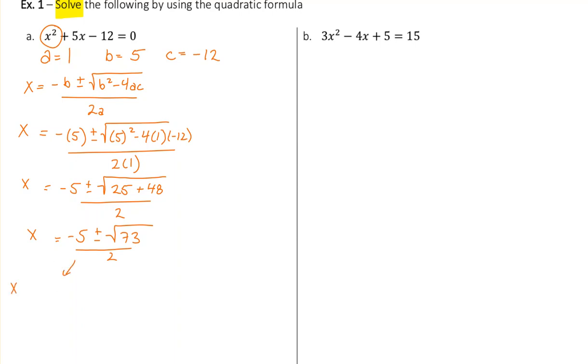Our first one, solving for our first value of x, would be negative 5 plus the square root of 73, divided by 2, because as you can see we have plus and minus. There's our plus, and our second value of x is negative 5 minus the square root of 73, divided by 2.